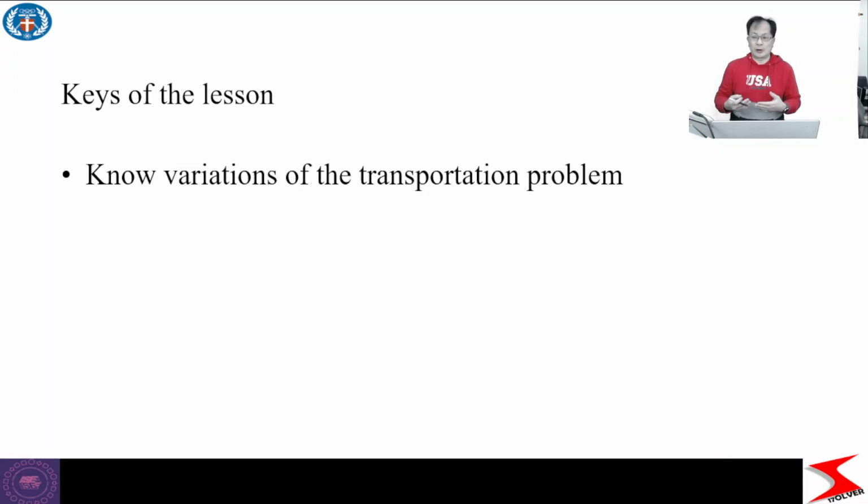Transportation problem is one of them. So if you can analyze some problem and transform it into the transportation problem or network flow problem, then you can easily get the optimal solution through the mathematical model.